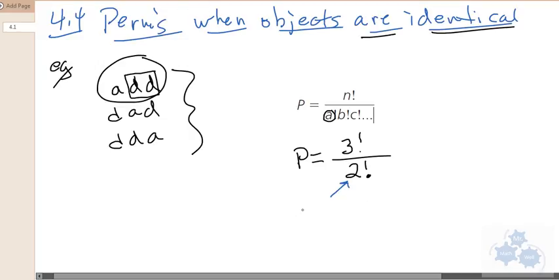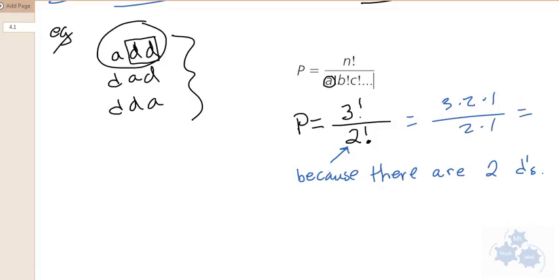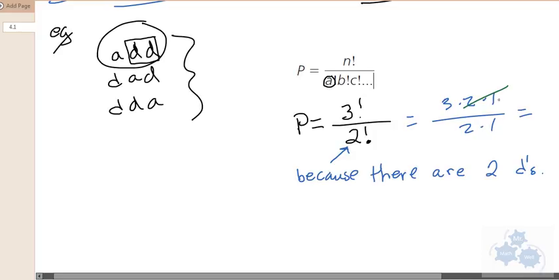So this right here is because there are 2 D's. And it's pretty much as simple as that. So if we evaluate this, that's 3 times 2 times 1 divided by 2 times 1. And of course, you can do that in your calculator if you need to, but look at that. It just ends up to be 3, which is exactly what we wrote out there.